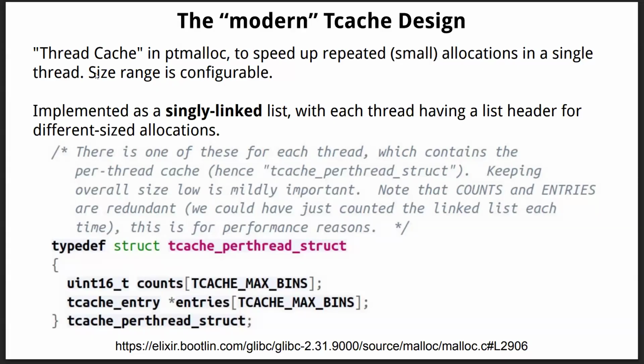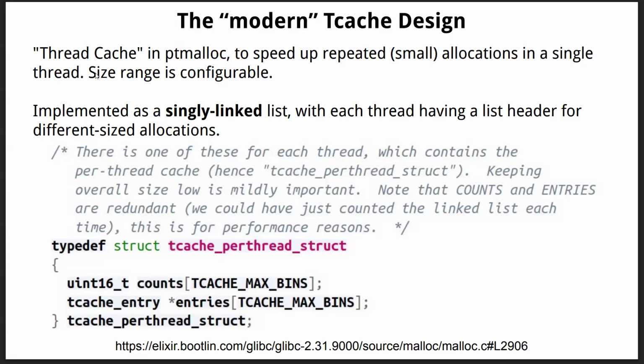This field is not necessary, as explained in the source code comments there. It's a singly linked list. Technically, you just need to traverse it once, then you can get how many available chunks there are, right? This is just for performance, so they store that. As the source code says, the field is actually redundant.